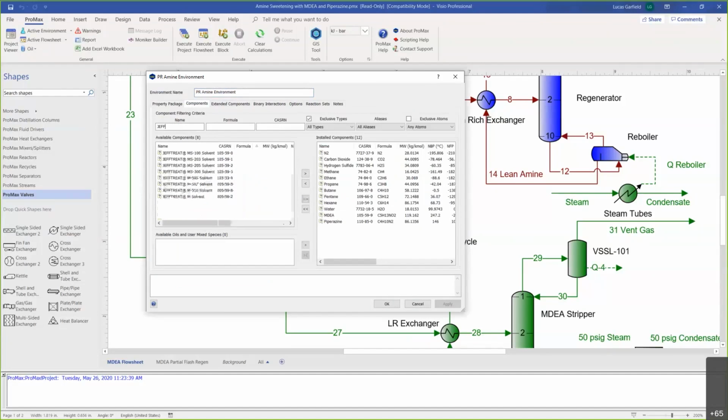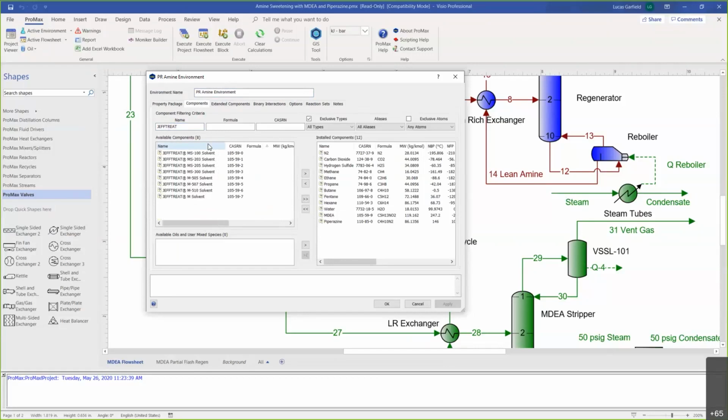And so if I type in JEFFTREAT here, I can see I've got all of these different Huntsman JEFFTREAT solvents. If I'm using the activated MDEA version of JEFFTREAT, this is going to give me very good results that are confirmed by the licensor.